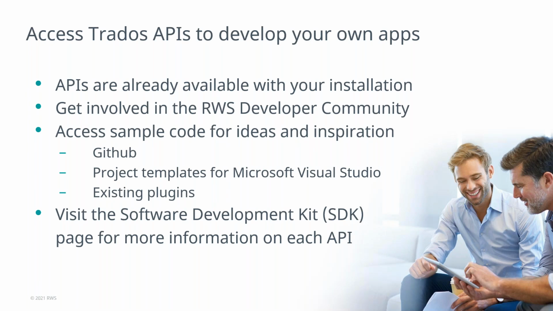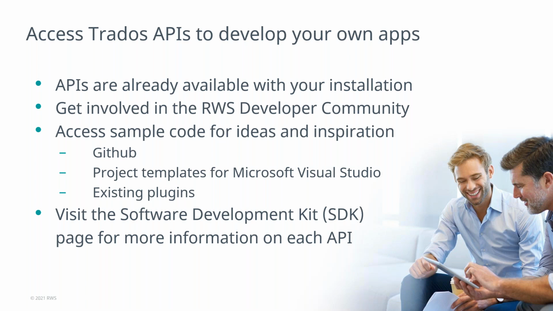Alternatively, if you have some developer skills yourself, you can access Trados APIs to develop your own plugins. You could even nudge your clients and explain that there are more efficient ways of working with Trados by developing their own app. And if this is something that interests you, then there are a couple of things we recommend you do.